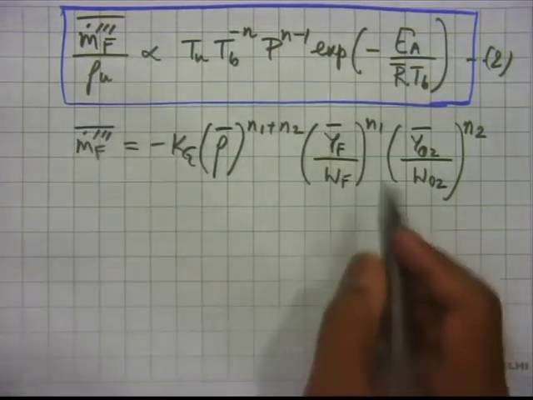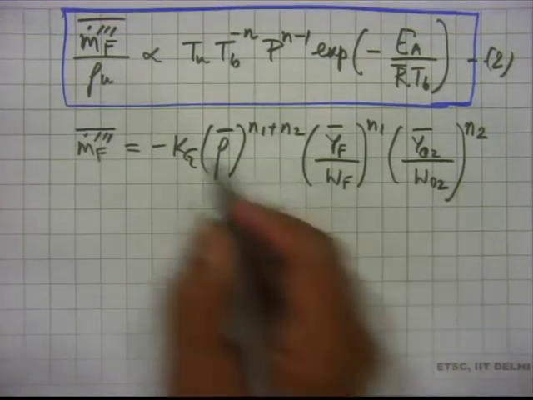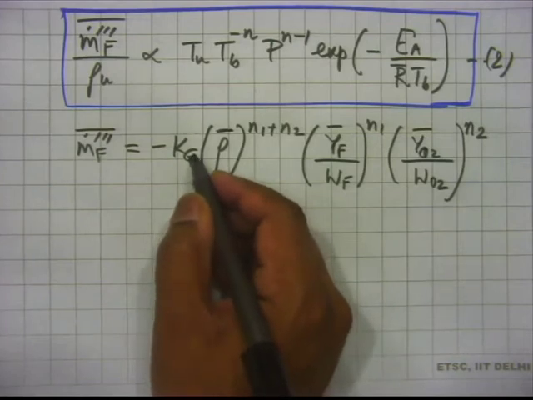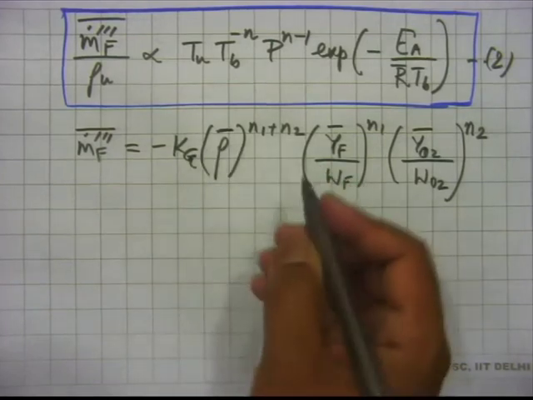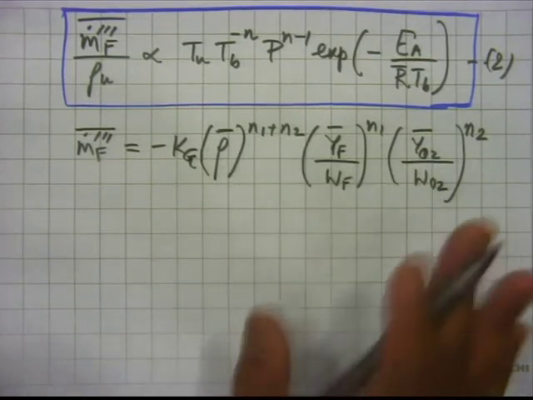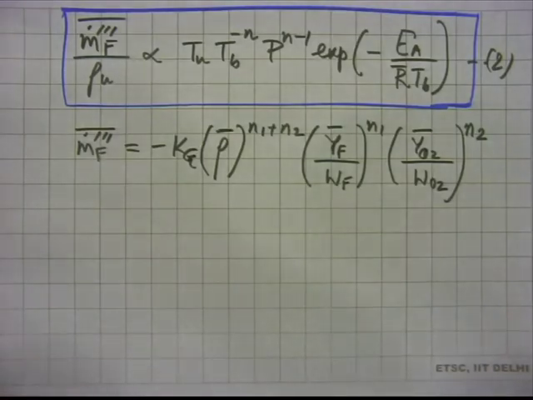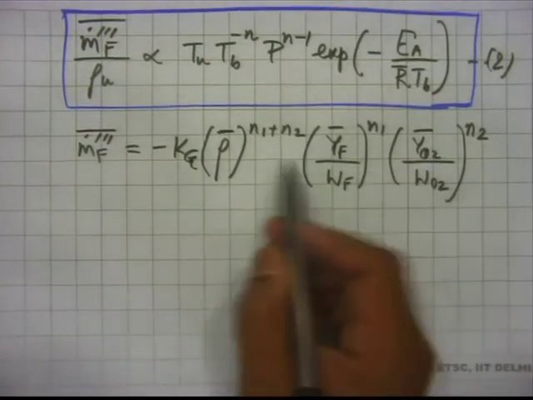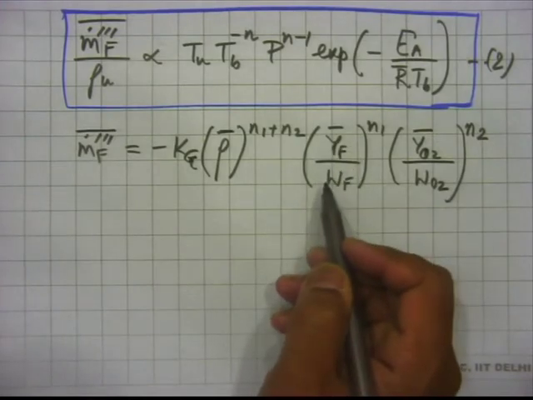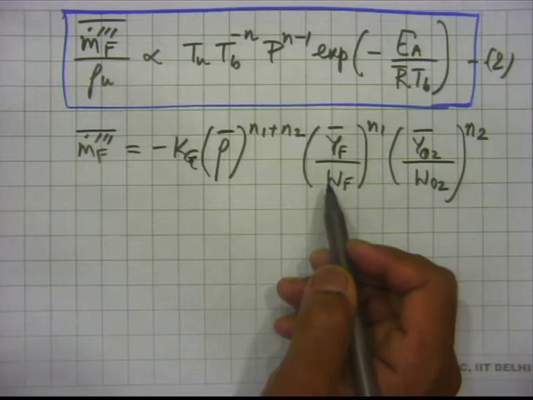So from that we can get something like this. Now it still has that kg. Kg must have come from the omega dot f expression from some table. Then we have to use concentrations. Now the kg expression had concentrations raised to some power, those things in square brackets. So instead of those concentrations, we can write in terms of the mass fractions. So if you write in terms of mass fractions, you should be able to get this.